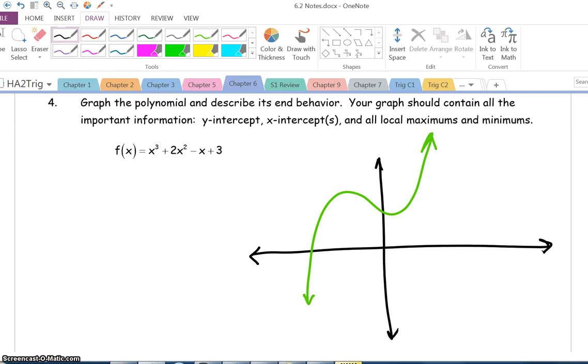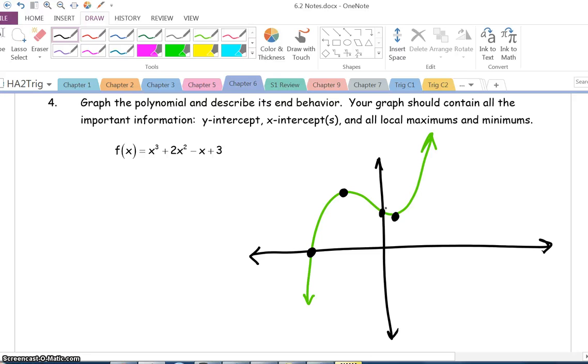It said label the y-intercept, x-intercepts, and all local mins and maxes. So this is an x-intercept. This is a local max, and we call that a local max because it's a max in the general region. This also has a local min right here. And then we also have a y-intercept. So these are the 4 points that we're going to need to find.